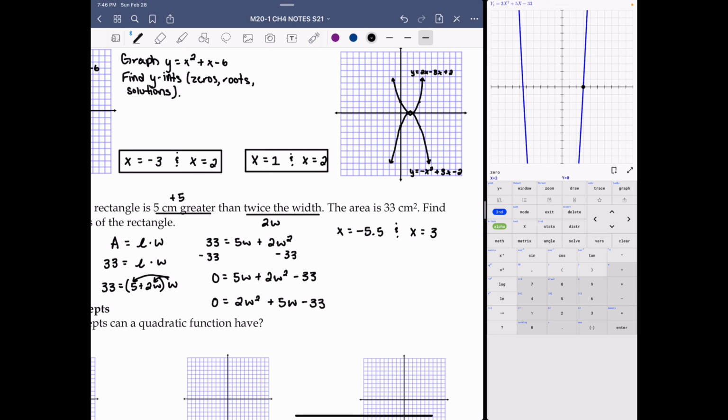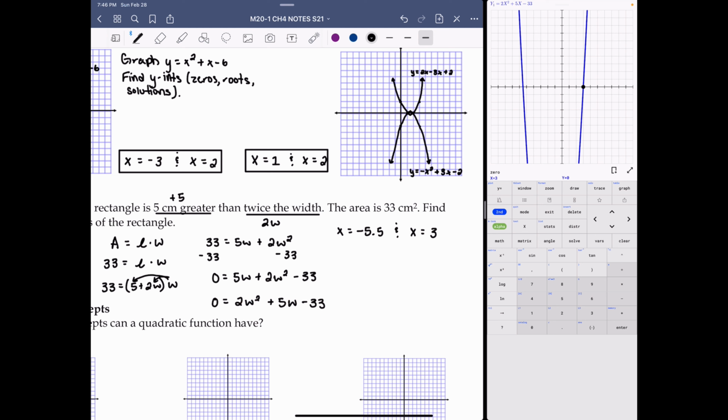Now, x in our situation, what variable did we have in the equation? It was w. So x represents w, which is the width of the rectangle. Do both of these numbers make sense? X equals negative 5.5 and x equals 3.